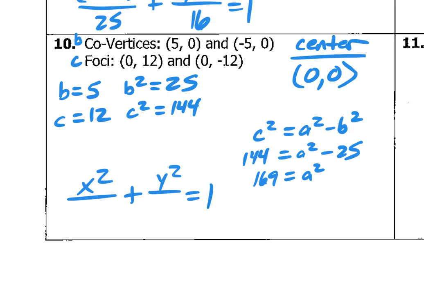So this is a vertical ellipse. And vertical tells me the bigger number, A squared, goes underneath y squared, and B squared goes underneath x squared. We never ever put the foci into the equation, so don't ever put C squared into the equation. It's always A squared and B squared.